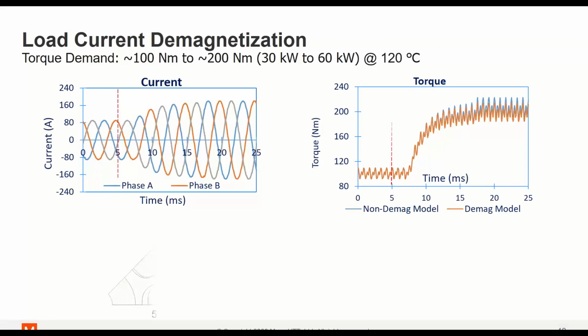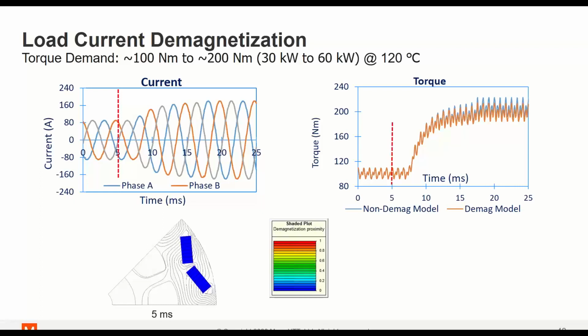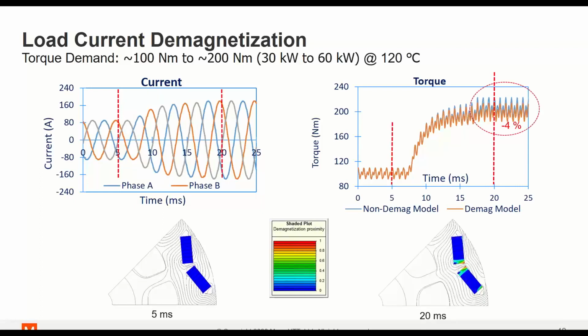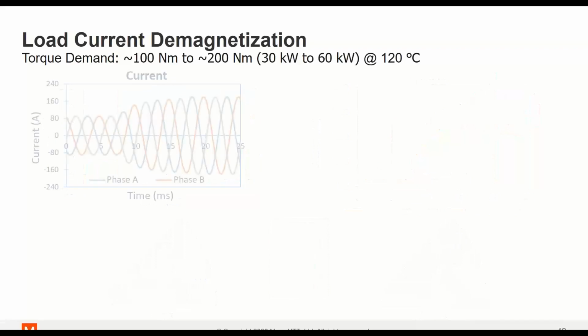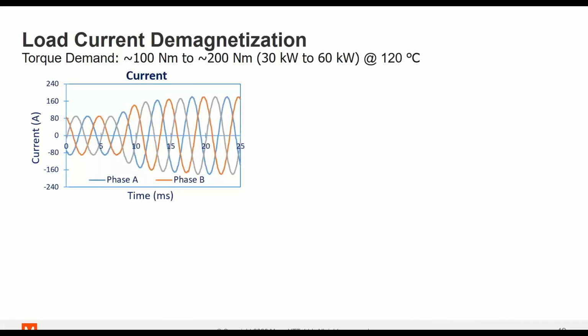At 5 milliseconds, we can see that the magnets are not demagnetized. And at 20 milliseconds, there is a partial demagnetization, which lowers the torque by 4%. So what is happening to our magnets in the partially demagnetized region? To investigate this, we're going to break the BH loop and the currents into stages.